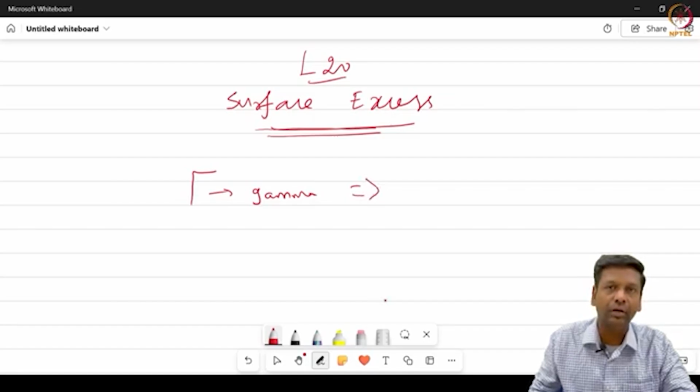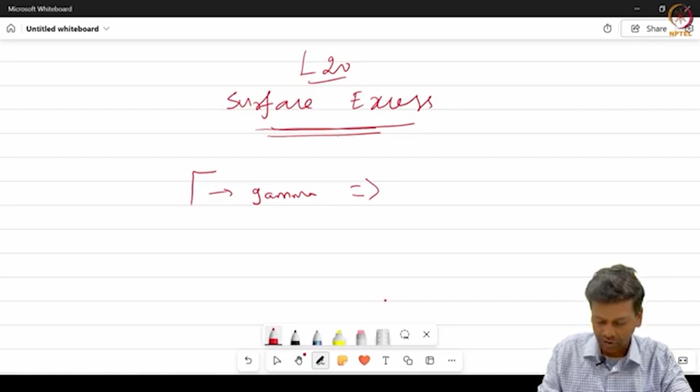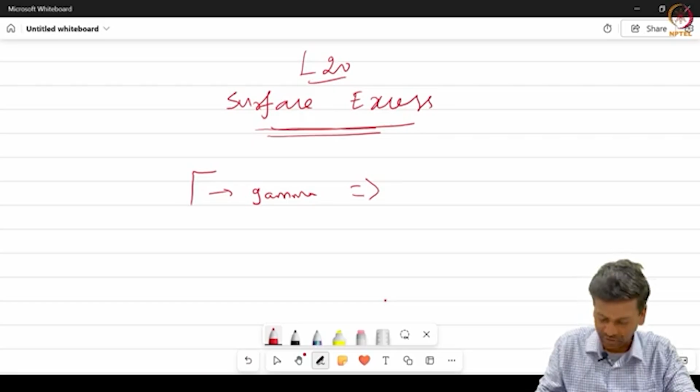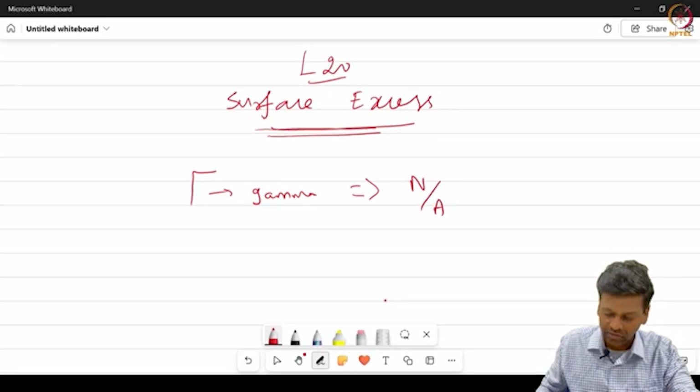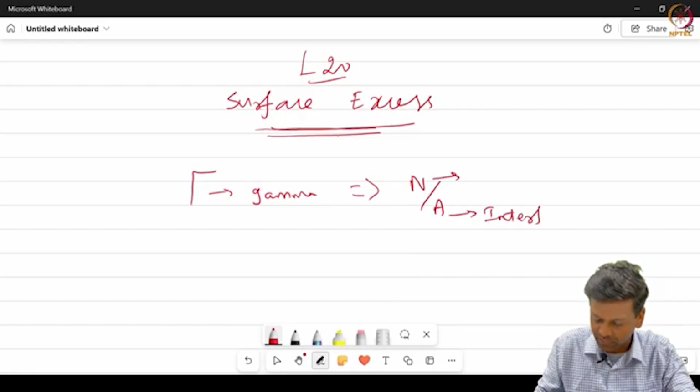You can also alternatively call it surface concentration, which is nothing but n by A, different from the concentration that we usually refer to, n by V. Here, n refers to the number of atoms or molecules at the interface, and A is nothing but the interfacial area.